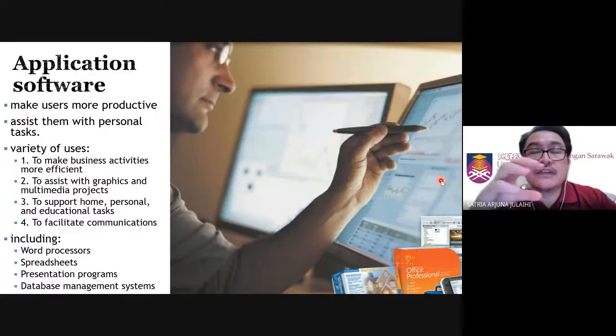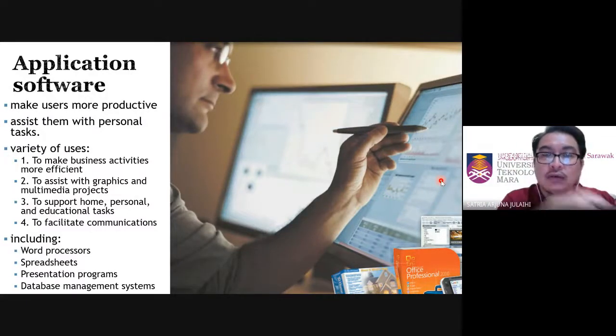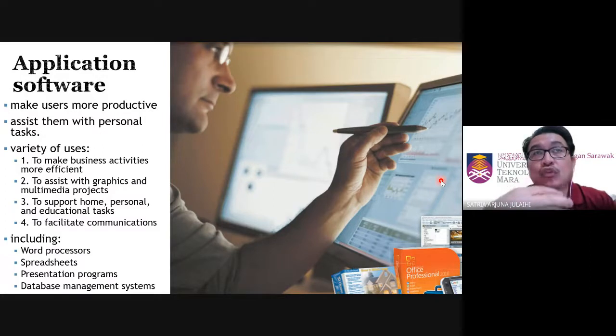So it is different from system software just now. System software is for the computer system, whereby we use the system software to manage the computer. But application software is for the user, so that the user becomes more productive.